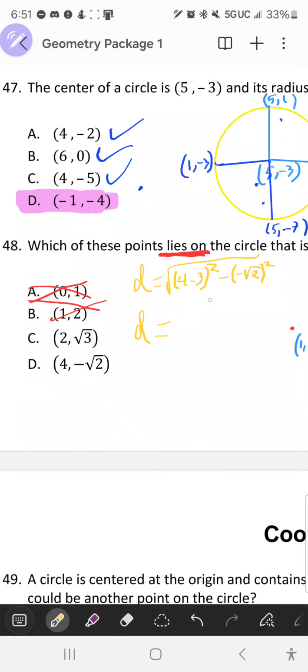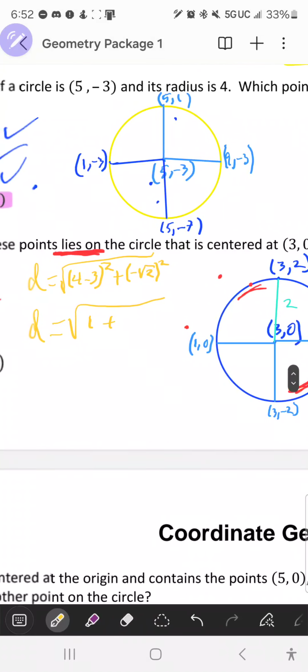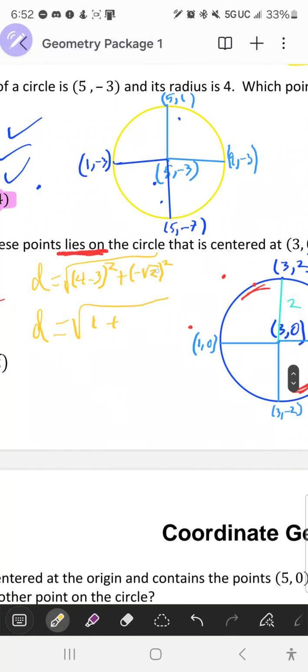So this is plus, not minus. I'm sorry about that. So 4 minus 3 is 1. 1 squared is just 1. Now plus negative square root of 2 squared, it's just going to cancel the 2 with the square root, and minus times minus is positive, so it will be plus 2. And we'll get d equals square root of 3.